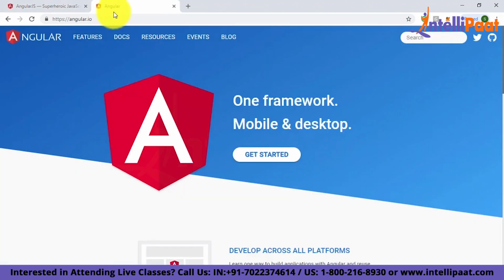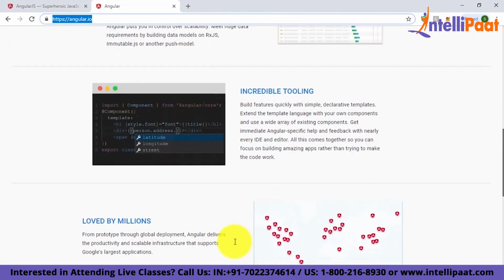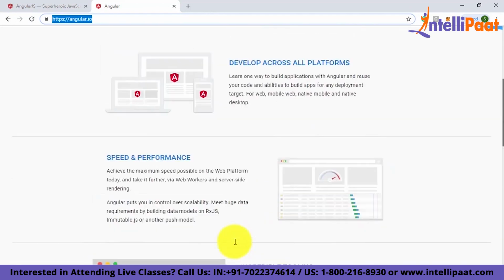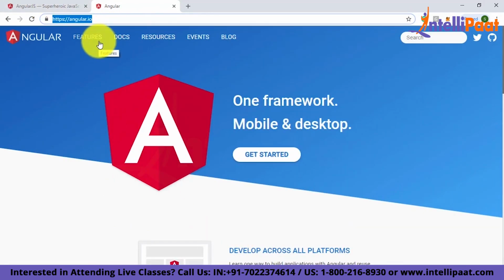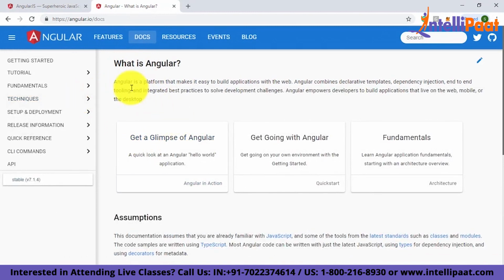And the other one is angular.io, which is for Angular 2 till Angular 7. The current version which is running is Angular 7. Here everything is very well documented. You can anytime visit the website and find out what Angular is all about and check out the tutorials and all. And I hope you remember I told you Angular is written in TypeScript.